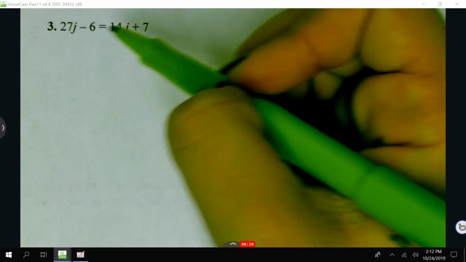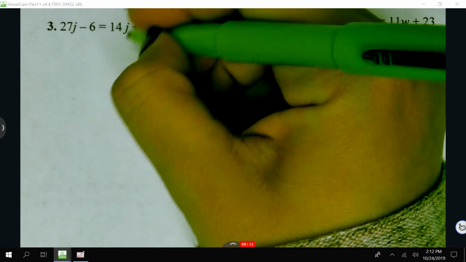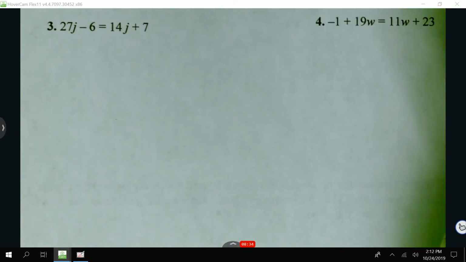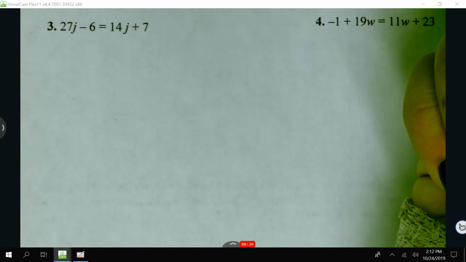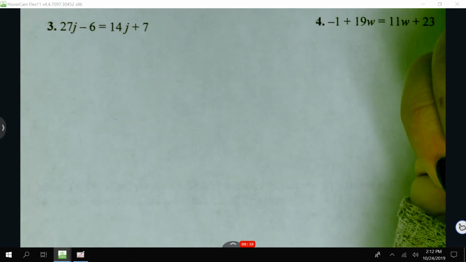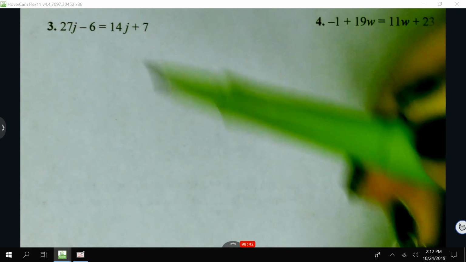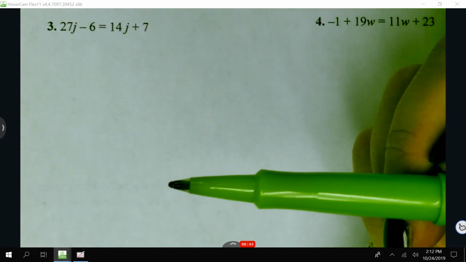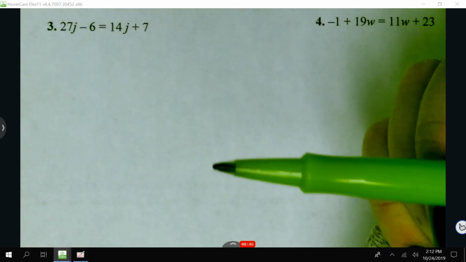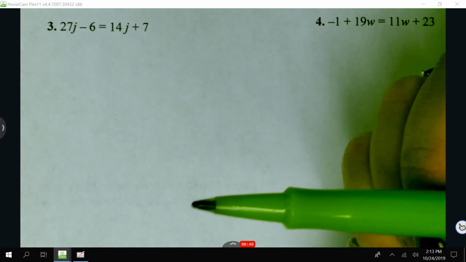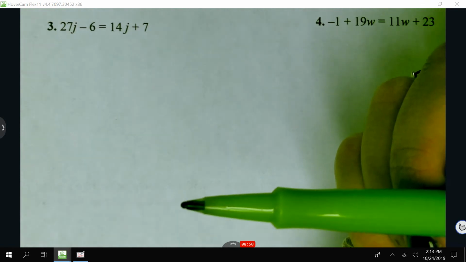So in this case, if I want to do my variables, which one do I want gone? The 14. Why would I want to take that 14J away? Why would you prefer to take the 14 away than the 27 away? Because it would be a negative number if you took away 27 from 14.